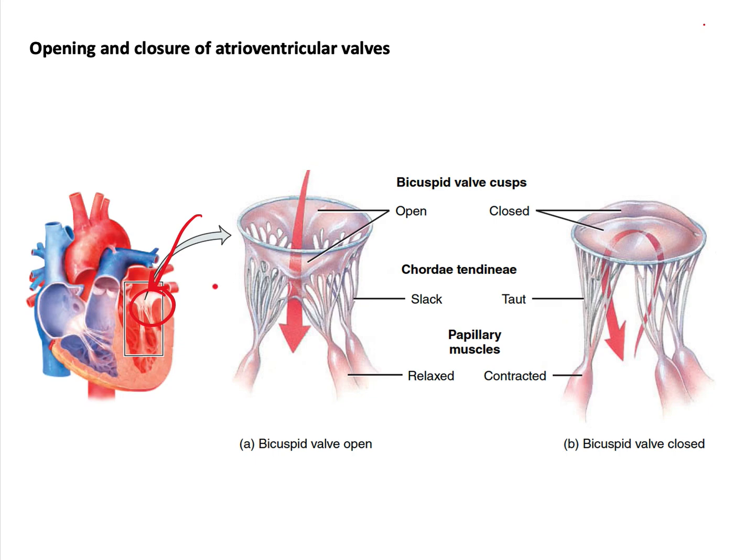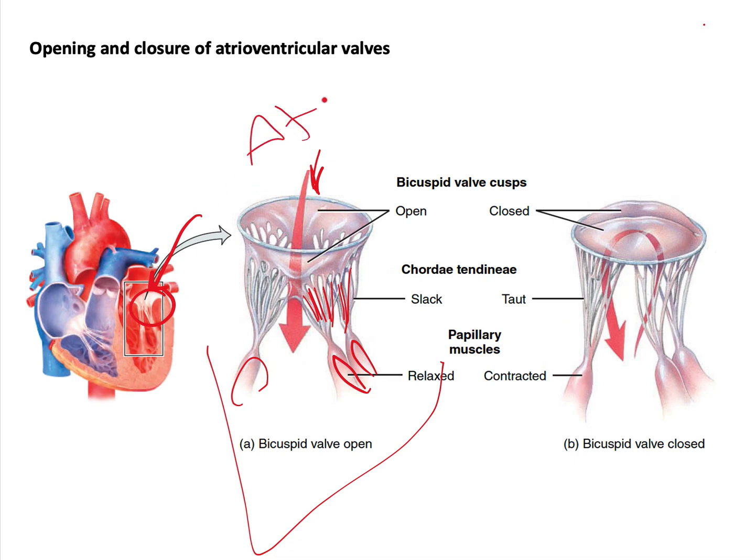The blood moves through the bicuspid valve, as you see here, and in this case, the ventricle and papillary muscles are relaxed, and the chordae tendineae also are slack and relaxed. So the blood will move from the higher pressure in the atrium to the lower pressure, in this case the left ventricle.